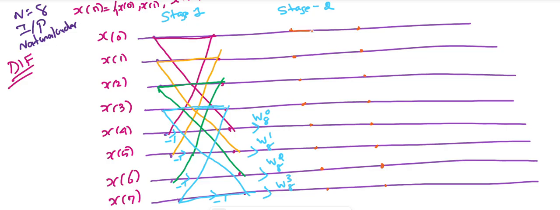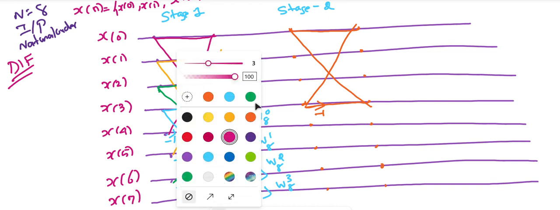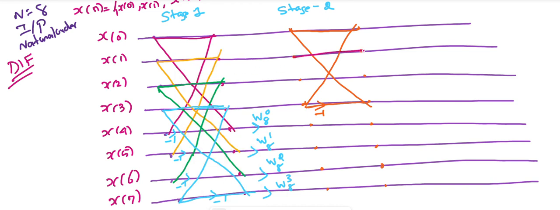So this is the first butterfly. So this lower wing should have minus 1. Okay. Second butterfly. The second butterfly. Similarly here.